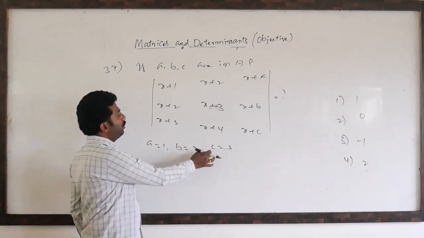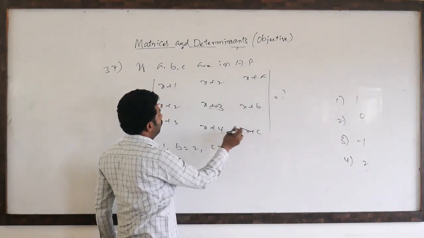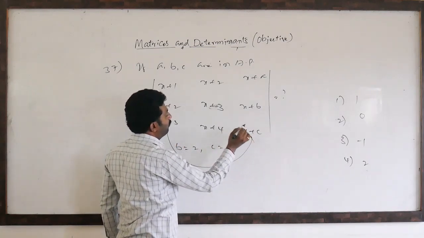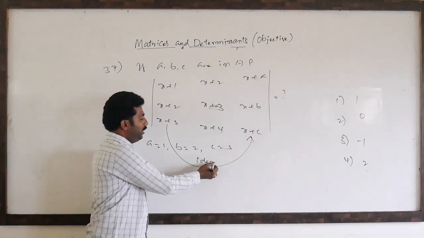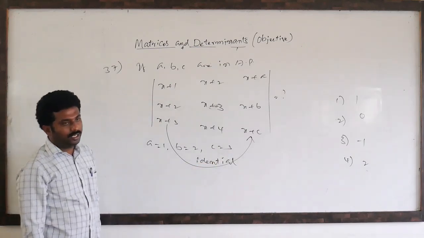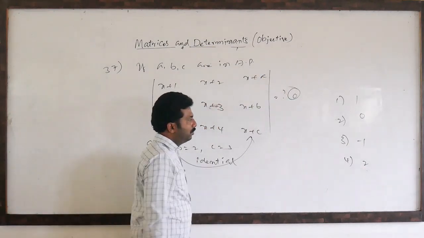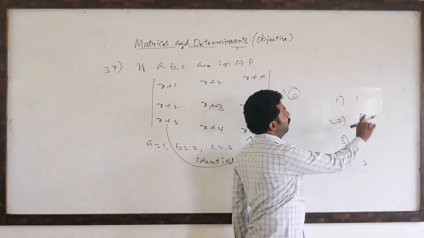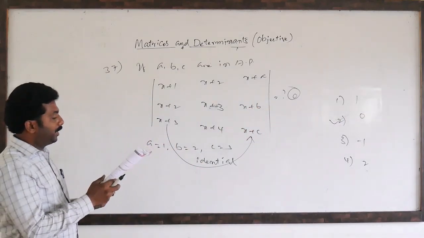So if I substitute here x plus 1, x plus 2, x plus 3, these two columns become identical. In any determinant, if two rows or two columns are identical, then the value of the determinant is always 0. So what is the answer here? It will be the second option. Next.